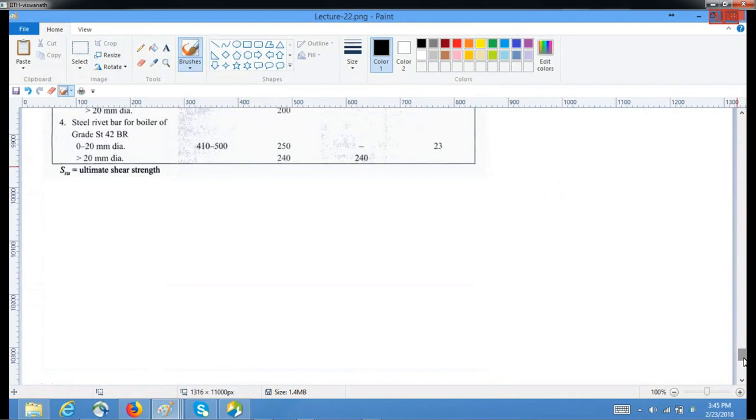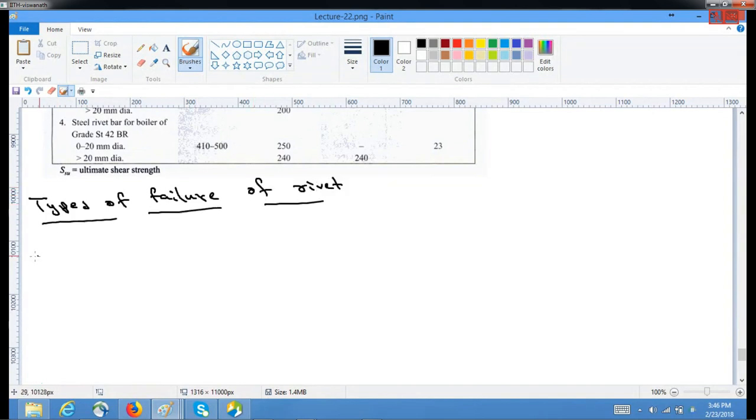So the types of failure of rivet are shear failure.